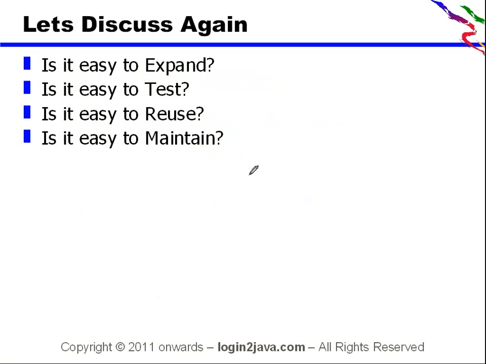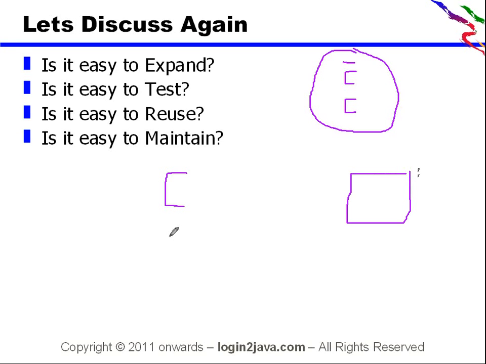So let's discuss again. Now, what is the implementation? This is our client class. We are having one interface and two classes implementing it, in a separate module or in a separate package, or maybe within our own application we can have these things. Now, is it easy to expand? I think it's very understandable that it can be very easily expandable without changing these code lines.